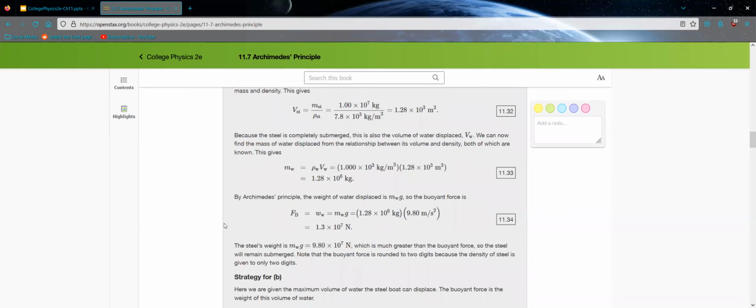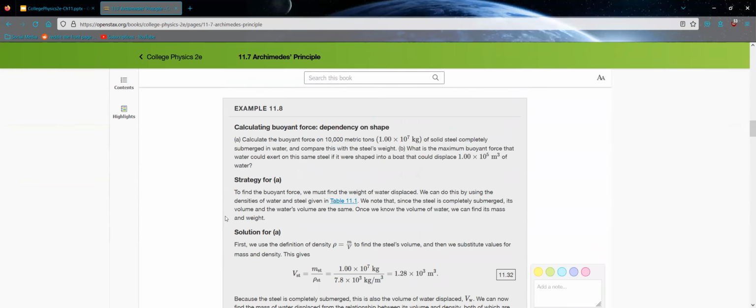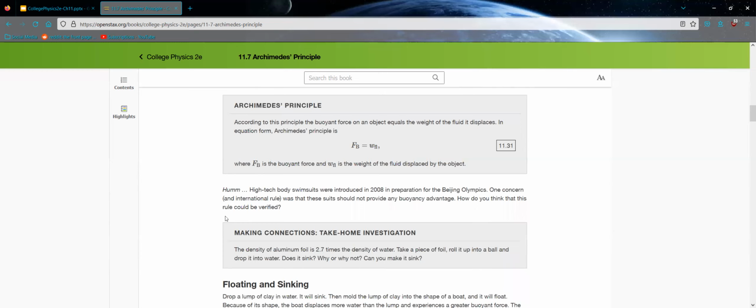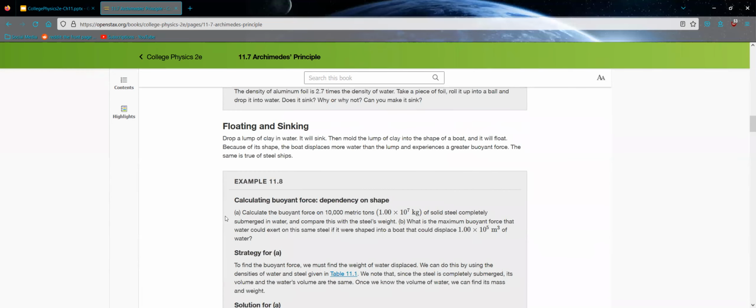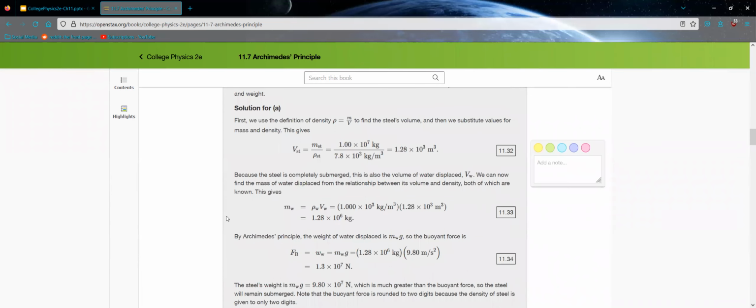According to Archimedes' principle, which is an equation talked about up here, there you go. The buoyant force is given directly by the weight of the fluid displaced by the object. You know how heavy the water is that left. That's how much buoyant force. The more water that leaves, the more buoyant force the thing has, because that's the amount of up arrows that I talked about before.